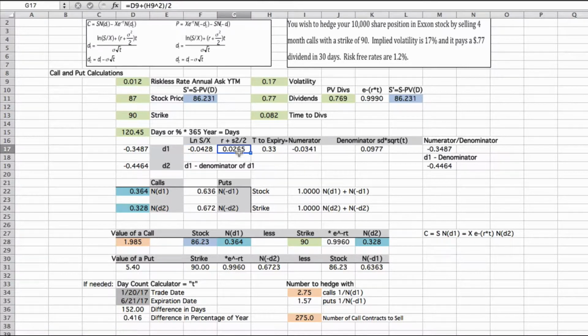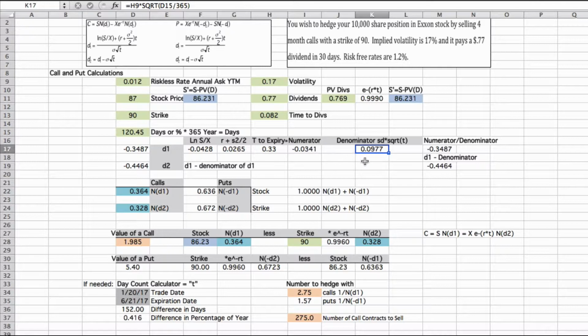our risk-free rate plus volatility squared divided by 2 multiplied by time. Numerator of D1, the numerator is 0.0341. Our denominator is, again, volatility, 0.17, times the square root of time. 4 months is 0.33 of a year, so the square root of 0.33 gives us the denominator.